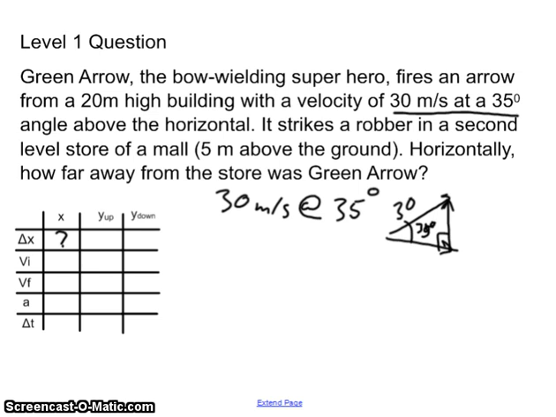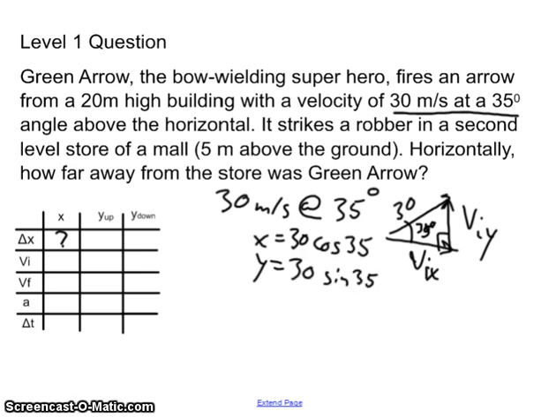Now, if we put this into a triangle, as I've already shown here, our y value is on the vertical side and our x value is the horizontal side. And if we want to find those values, we use the x and y equations that we normally do, which is the magnitude of our vector. In this case, it is 30 meters per second times, in the x case, cosine of our angle, 35, and for the y, it's 30 times the sine of our angle, which is 35.